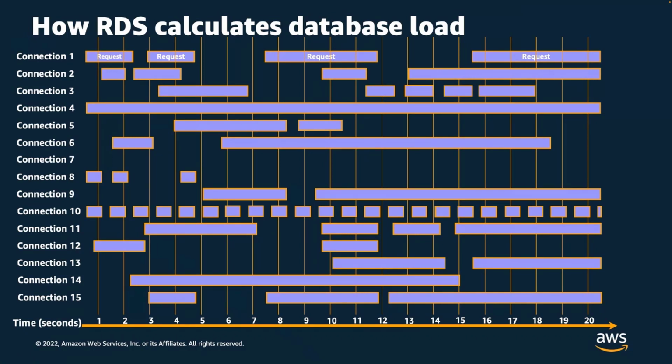Similarly, if I went ahead and counted all of these and just put the sum below, what we get is a count of each sample per session. As you can see, this is what produces our database load metric. It's that simple. It's just a simple count. So that's database load in its most basic form.